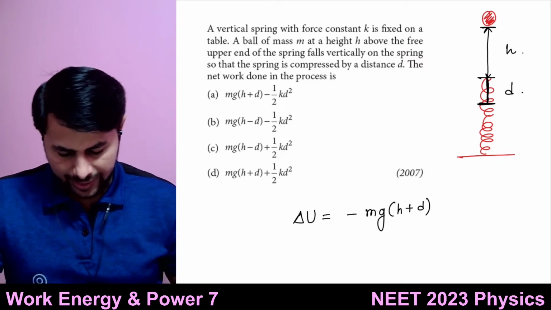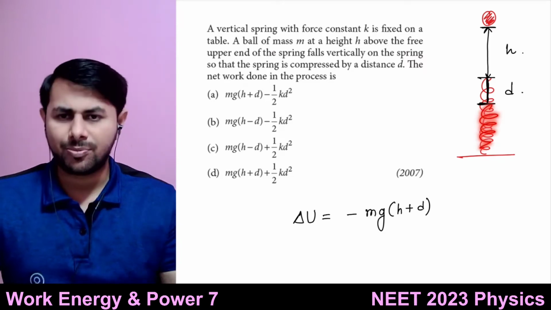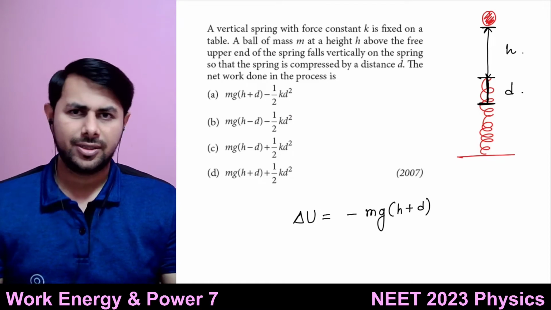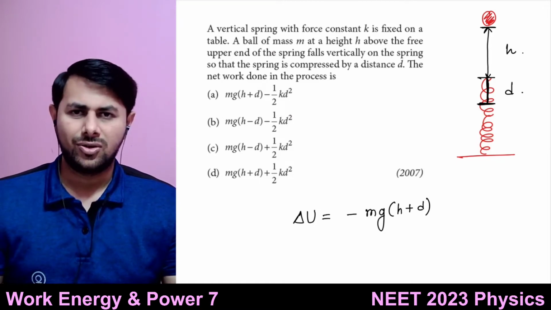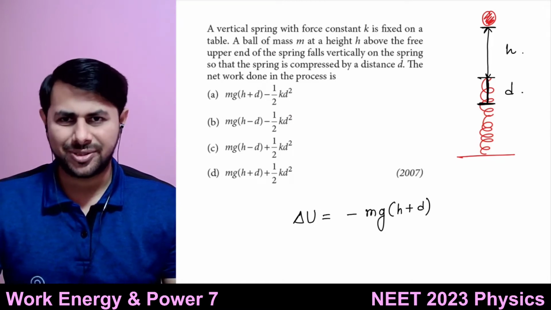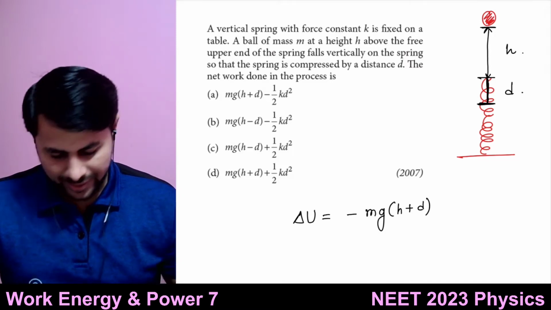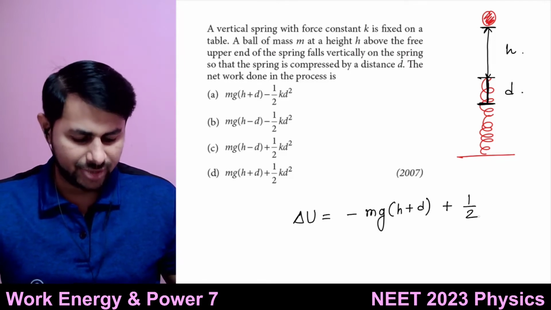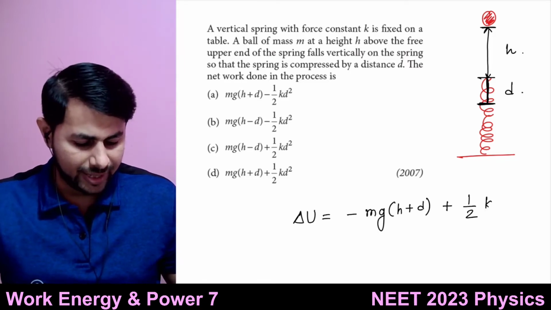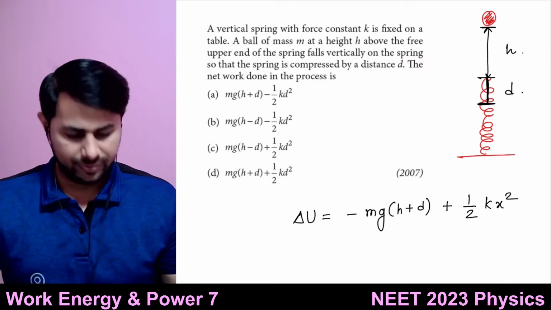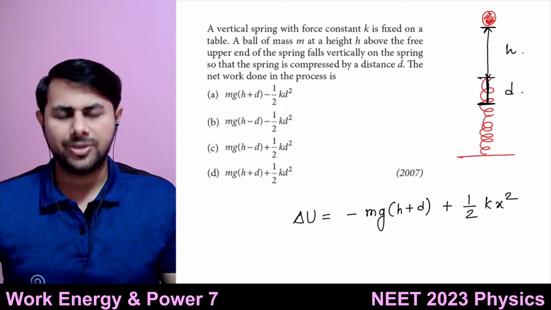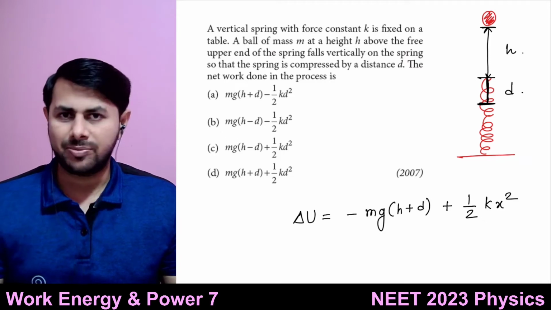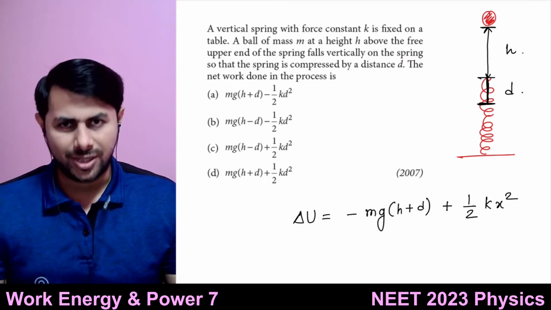And the spring is gaining the potential energy because the work is done always against the spring force. So the change in its potential energy is half of k times x square, and the work done will be what? Opposite to the change in potential energy, meaning negative of the change in potential energy.